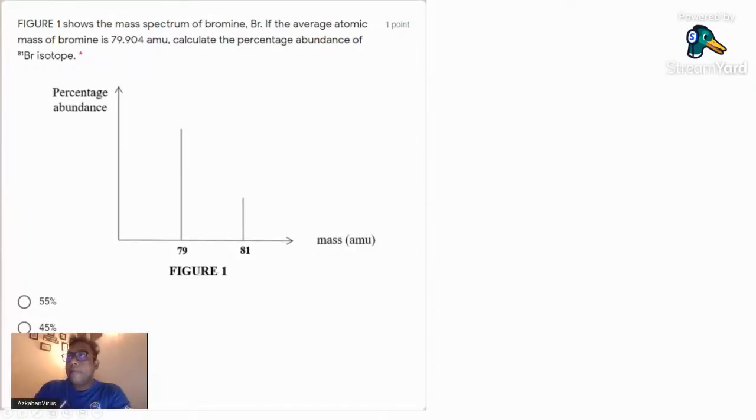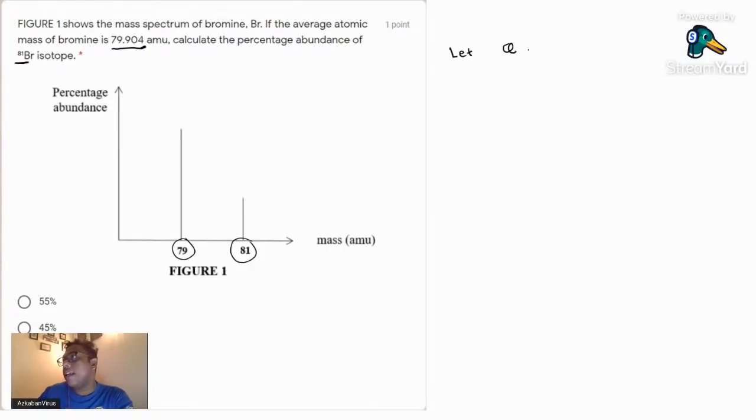Figure 1 shows the mass spectrum of bromine. If the average atomic mass, we were given the average atomic mass is 79.904 AMU, calculate the percentage abundance of bromine isotope, bromine 81. So, kita ada dua bromine kat sini. Kita ada bromine 79 and bromine 81. So, how to solve this question? The first thing first, kita tulis formula, kita let dulu.